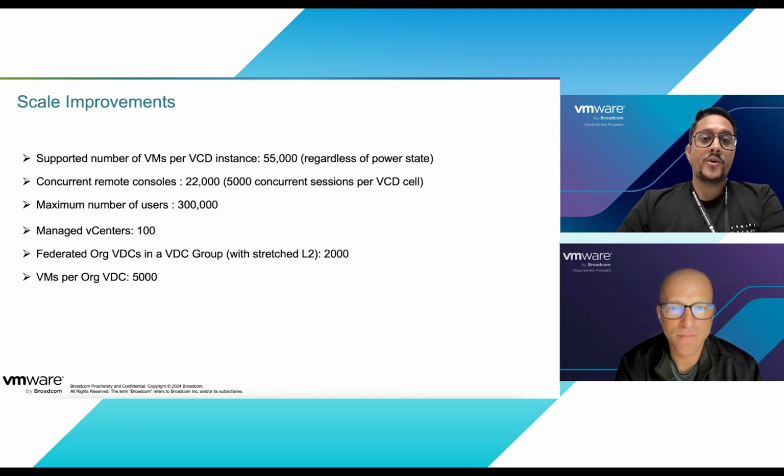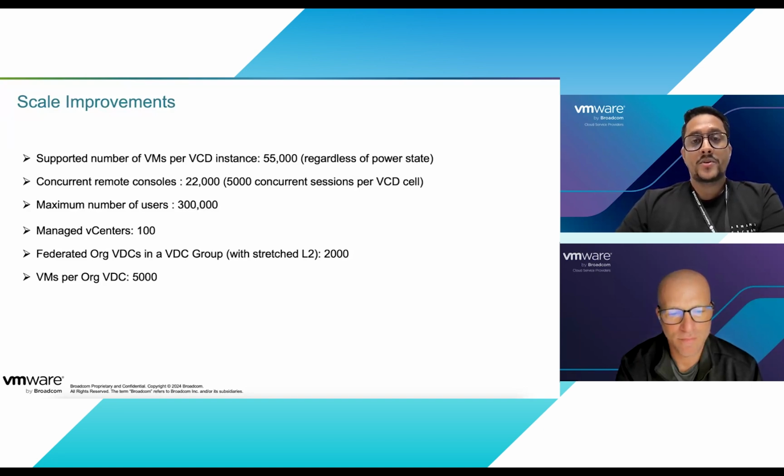So let's say we have 25,000 VCD VMs and a 5 VCD cell cluster. We cannot take the console of all 25,000. The maximum we can do is 22,000 VCD VMs. The maximum number of users we can create now is 300,000. And the maximum number of vCenter Servers we can now integrate into VCD is 100.